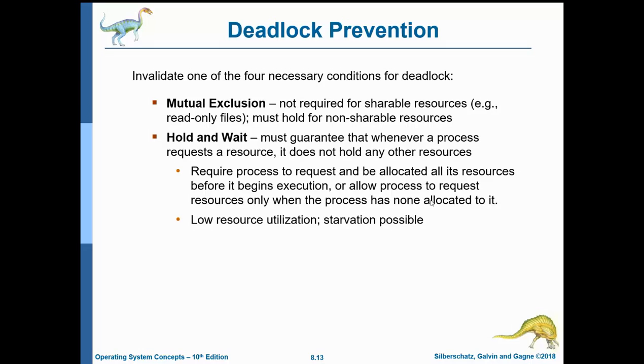The process may request some resources and use them before it can request any additional resources. However, it must release all the resources that are currently allocated. So maknanya kalau dia nak request another resources, they have to release all the resources yang dia sedang pegang. Make sure dia tak ada pegang mana-mana lagi resources.